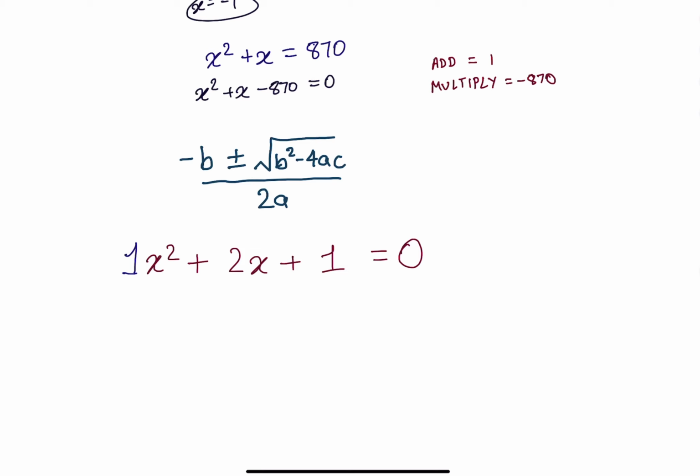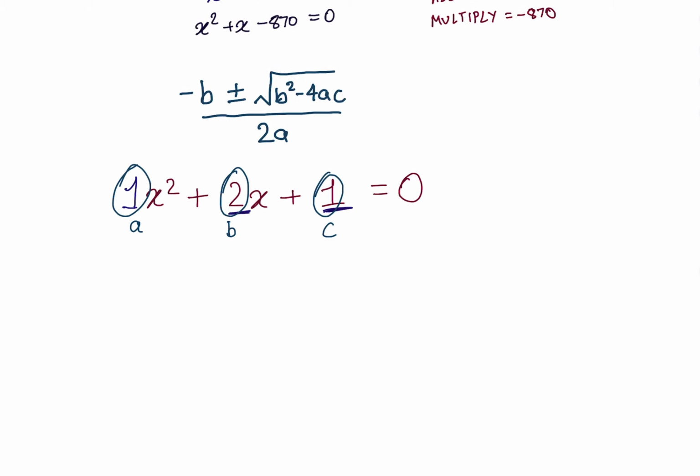And then the coefficient of x is 2. And then the constant is 1. So over here, we're naming 1 as a. 2 is b, the coefficient of x is b. And then the constant is c. So these three are given the names a, b, c. So the coefficient of x squared is a, the coefficient of x is b, and the constant is c.